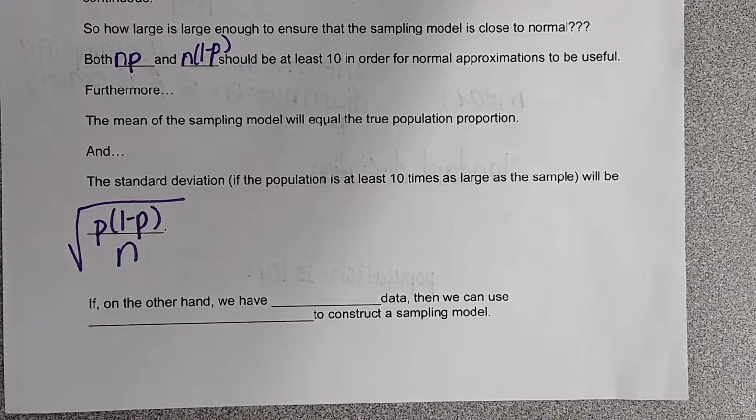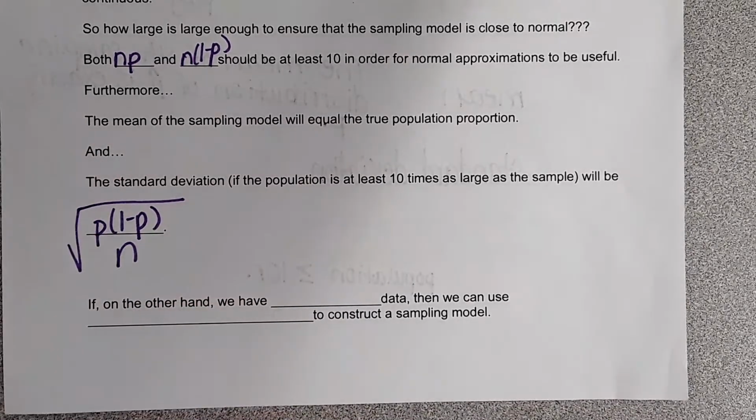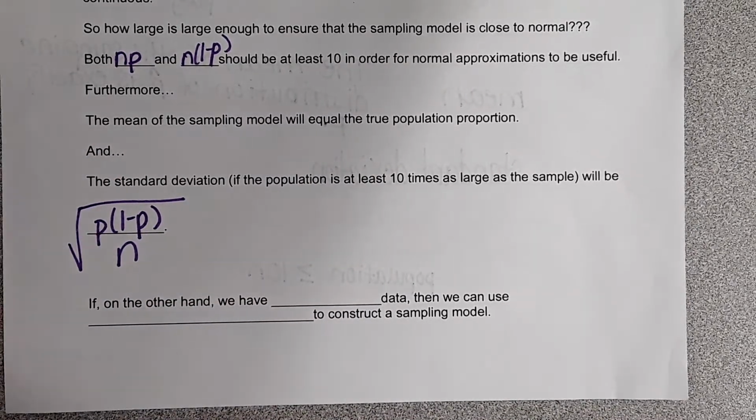In section 2, we talked about P and P hat, how to find the standard deviation, and how to prove normality so that we can use the standard deviation. Yesterday we talked about categorical data and P hats.